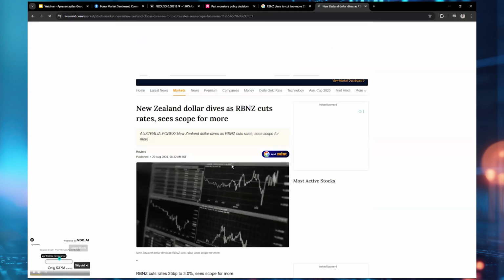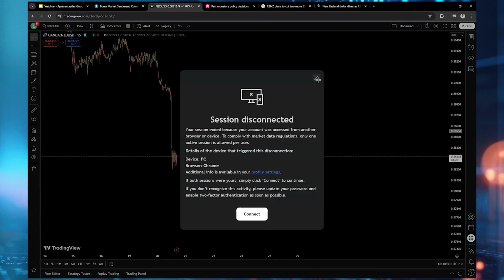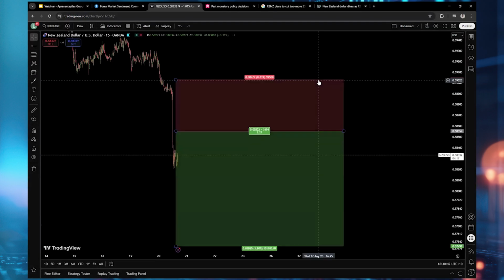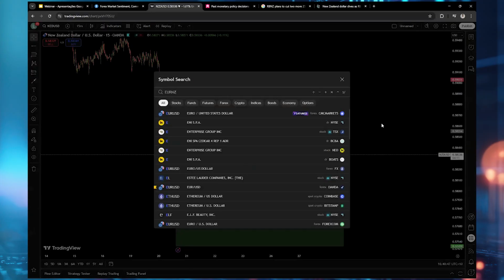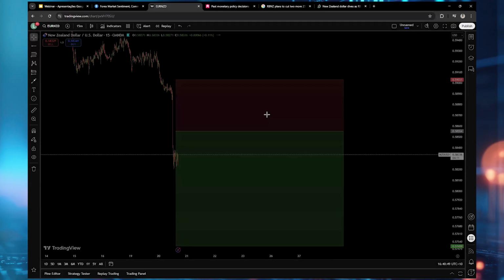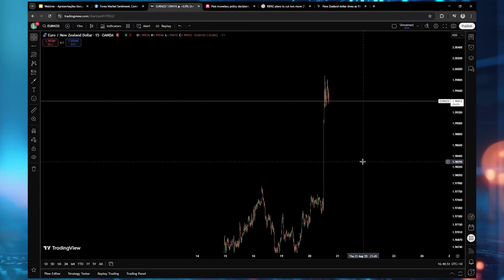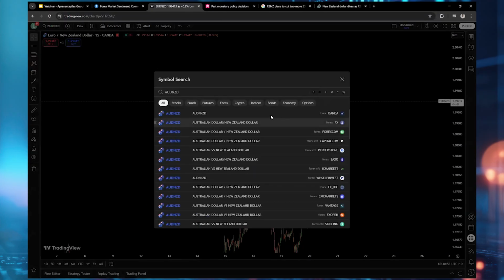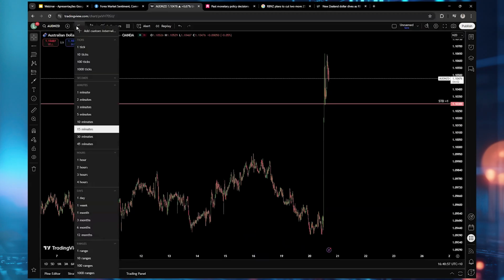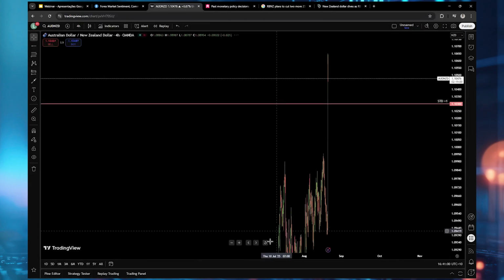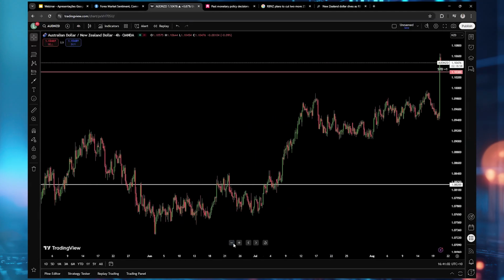Now, when we look to the market, New Zealand against the US dollar fell pretty heavily. Look at Euro New Zealand dollar. It's going up like crazy. All those, Aussie New Zealand dollar still going up as well. You have other currencies backed by the Aussie New Zealand.